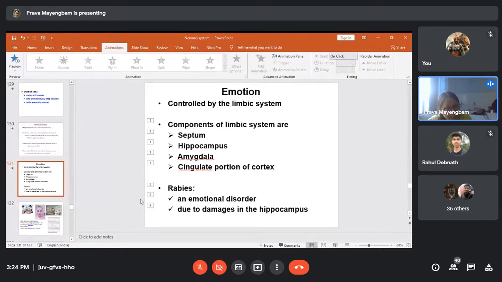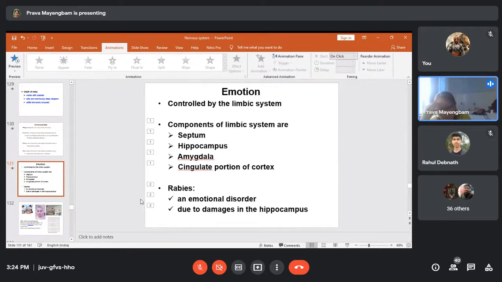So the animal will take a long time to show the symptoms. But if the bite is at the head, suppose, the virus will take less time to reach the hippocampus, and the animal will start showing symptoms very soon.